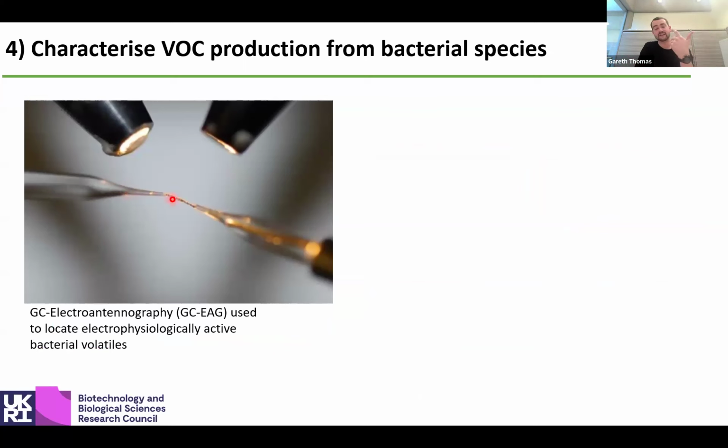The antenna of the beetle is exposed to the volatiles produced by the bacteria, and if the antenna can detect any of these compounds, it will produce an electrical stimulus, which can be detected by the EAG recording. You can link this with the compounds as they come out of the gas chromatograph, because it's linked to gas chromatography.